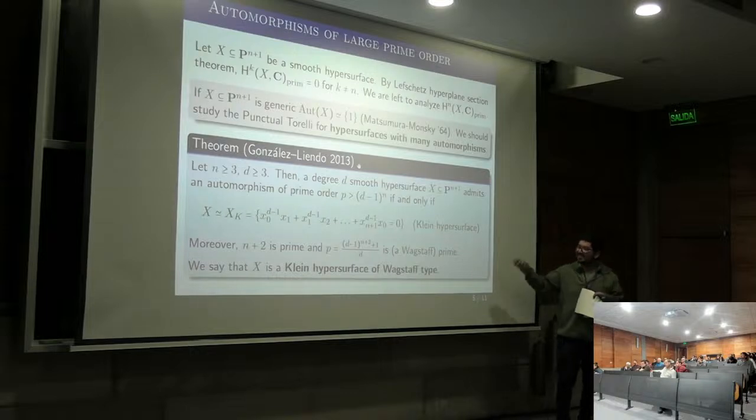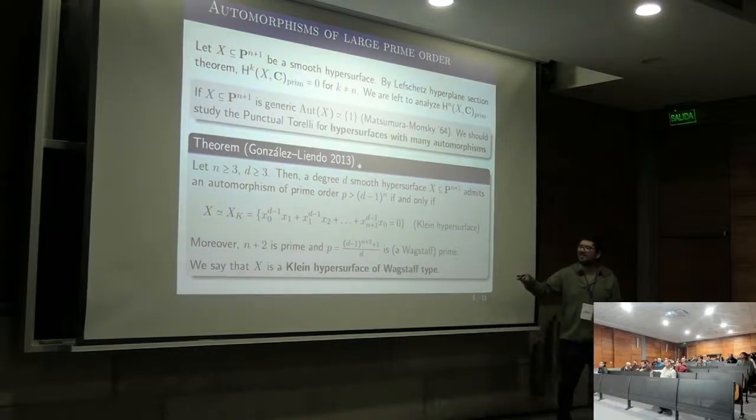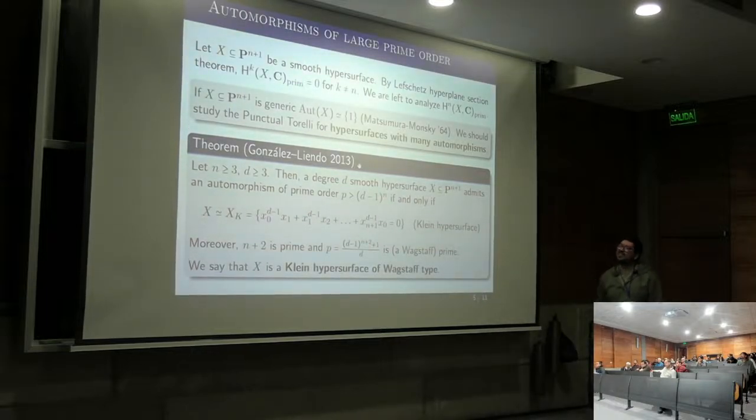And the next interesting case, about which I will tell you a funny story at the very end, is if you take cubic fivefolds, you also have one Backstaff prime, and this is 43.